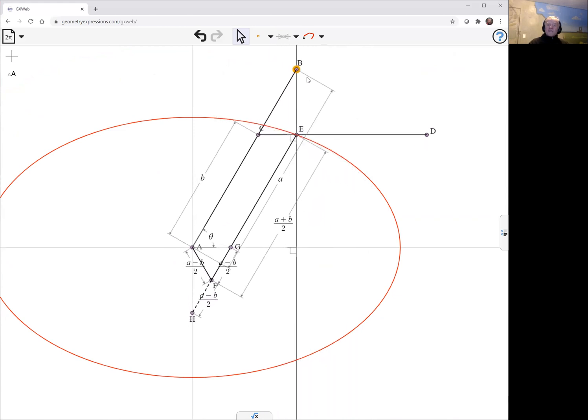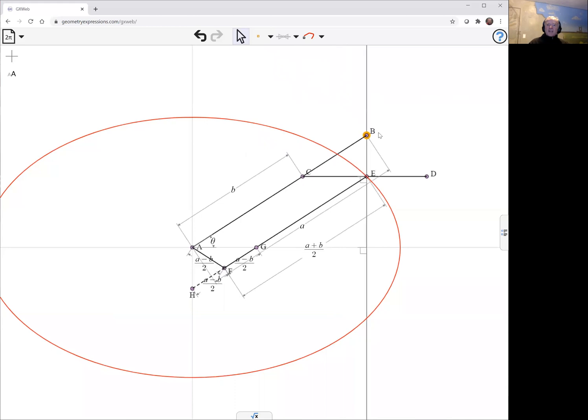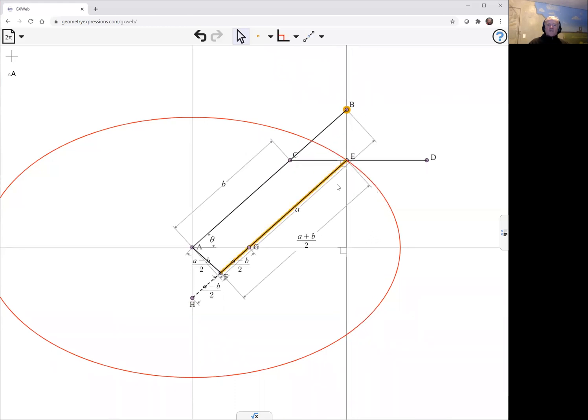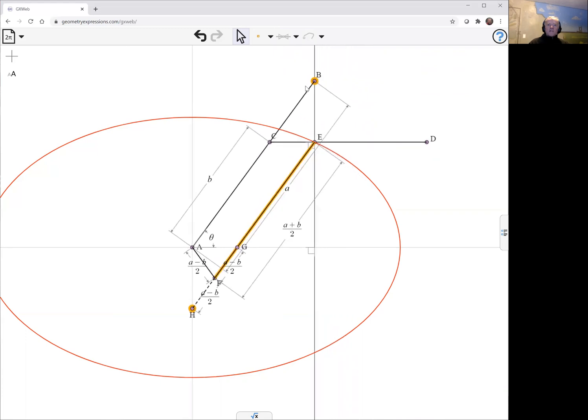And so this relates this mechanism quite handily back to the trammel, this line from H to E effectively being the trammel.